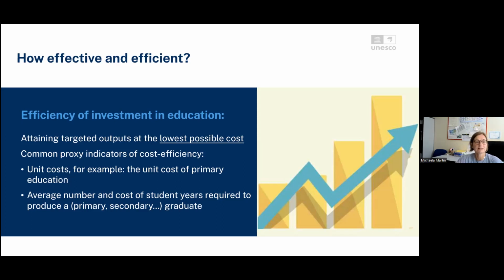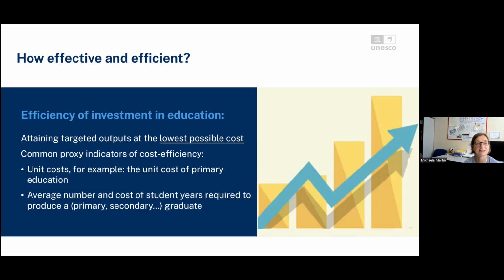Another indicator is the average number of student years required to produce a primary or secondary graduate. That relates, you will remember, to the analysis of internal efficiency, where we have suggested this indicator. Through cohort analysis, we analyze the average number of years it takes to graduate a primary school leaver.